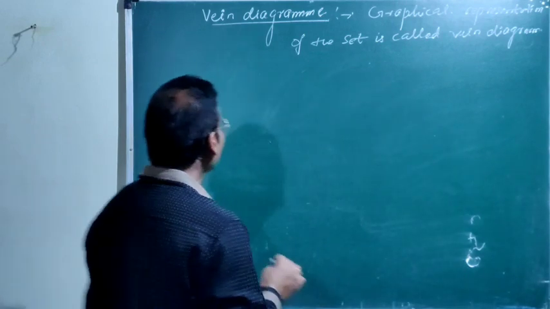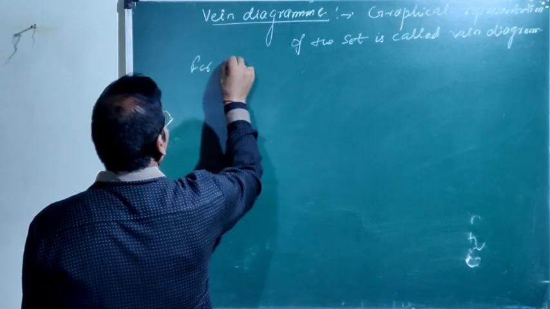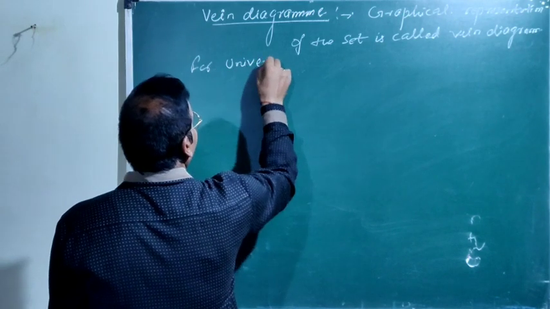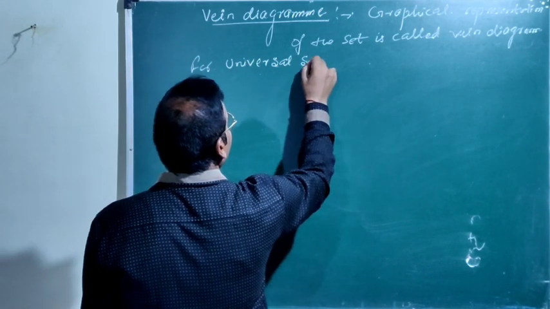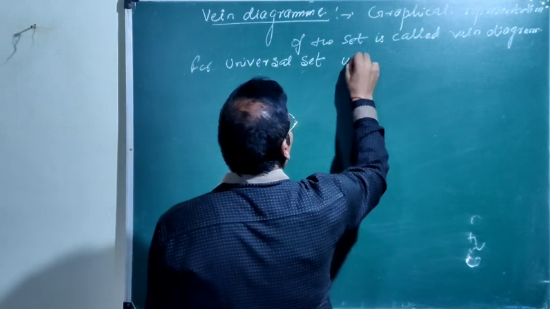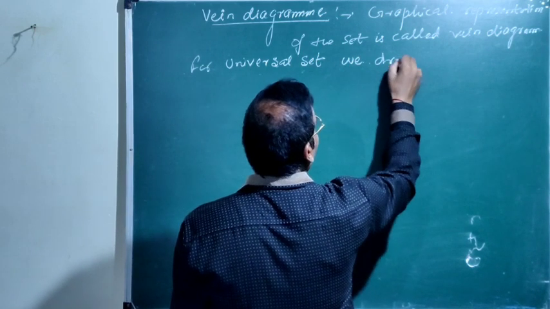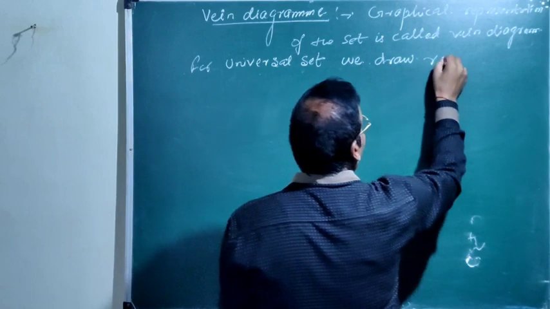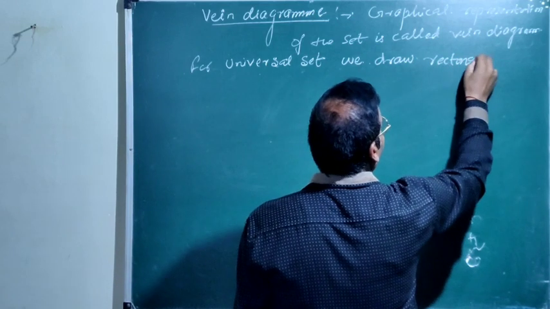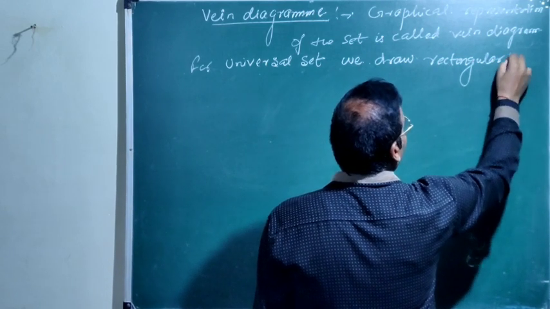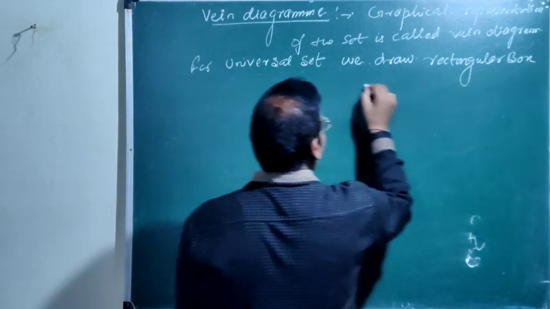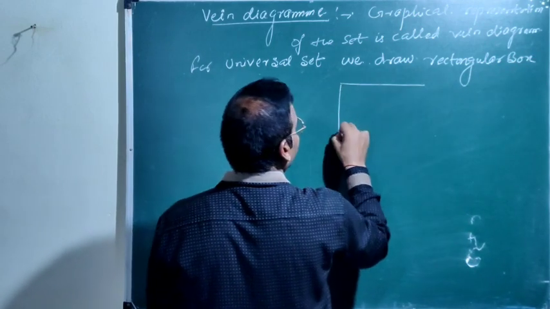For the universal set we draw a rectangular box like this.